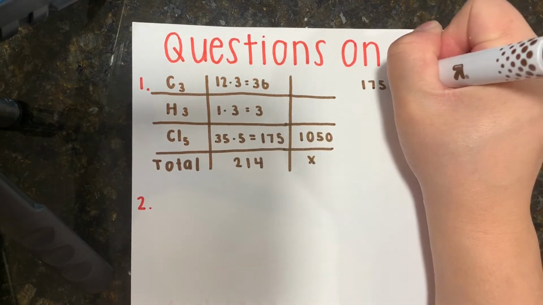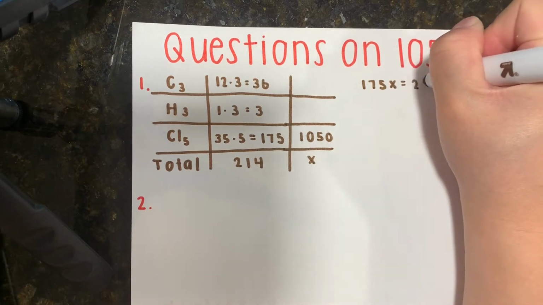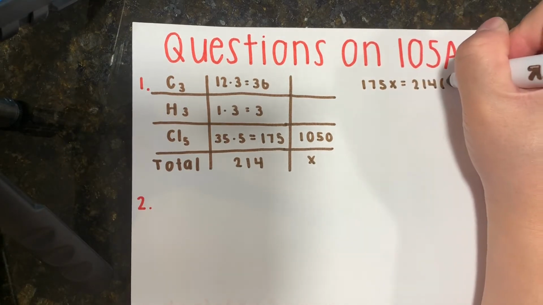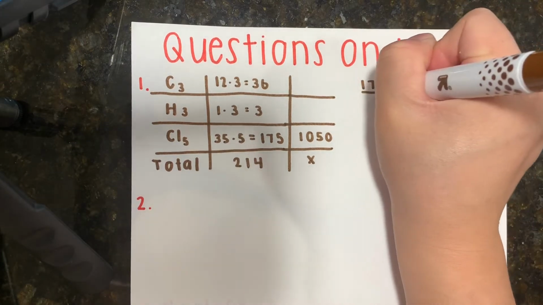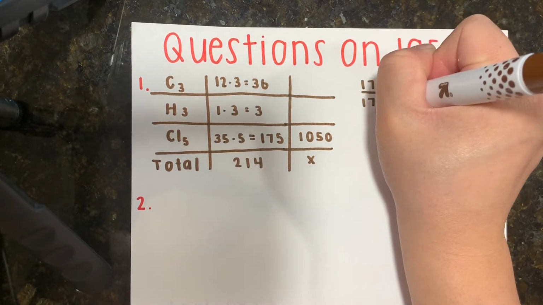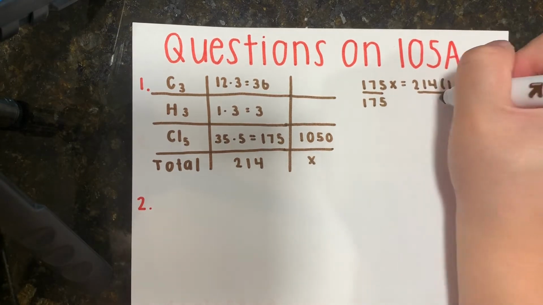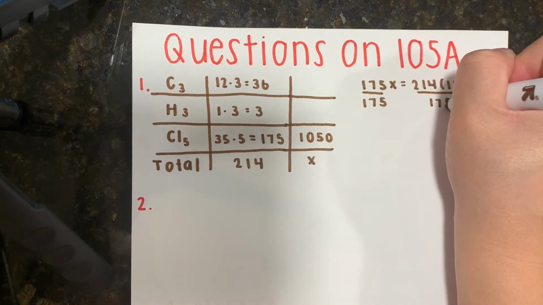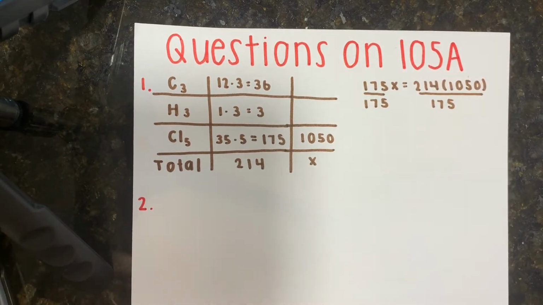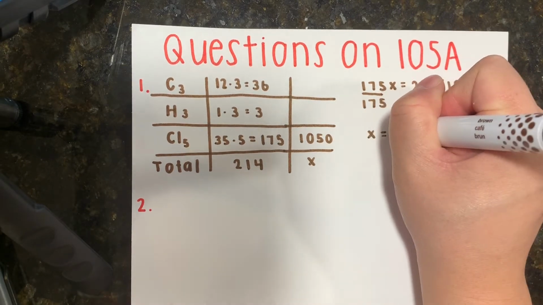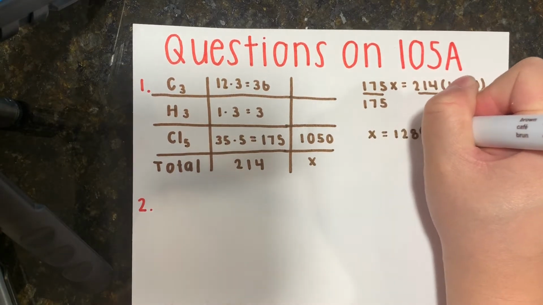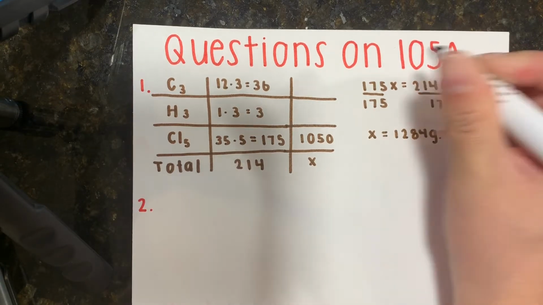So I would have 175x is equal to 214 times 1050, and divide both sides by 175. That would give you x is equal to 1284 grams.